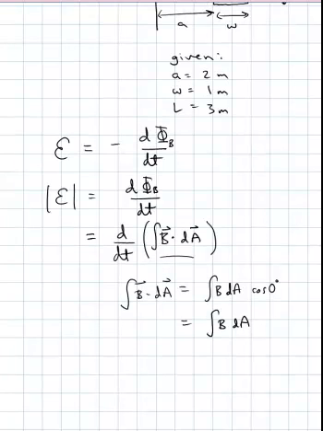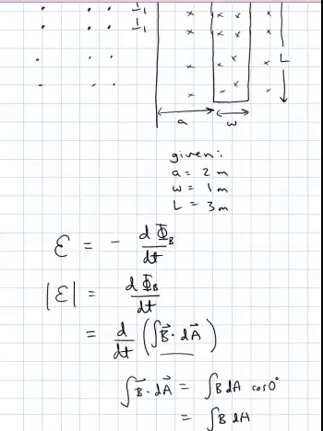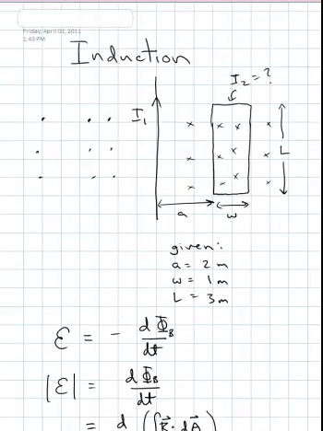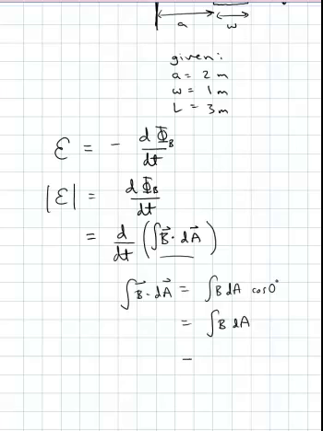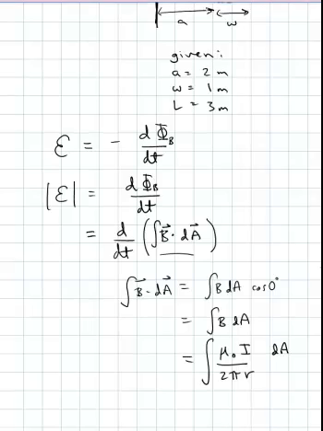And what is the magnetic field? This is the magnetic field, let's go back up here, caused by this long current carrying wire. And so the magnetic field from a long current carrying wire is mu naught I over 2 pi r. And I'll just leave dA the way it is for now. So we're still working through this.